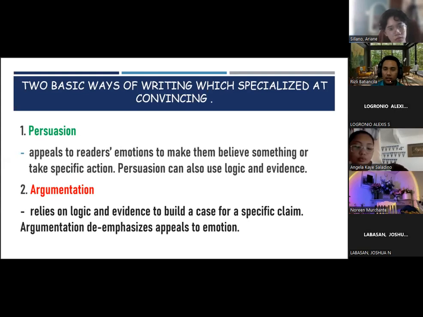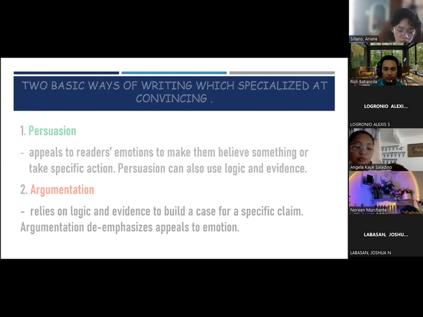It is strictly sticking with the logic and evidence. So yun yung kanyang gamit. Hindi niya pinapakilman yung reader's emotion. Sa persuasion naman, although pwede siyang gumamit ng logic and evidence, mainly it appeals and draws the reader's emotion to have a specific action. So yun yung difference between persuasion tsaka argumentation.